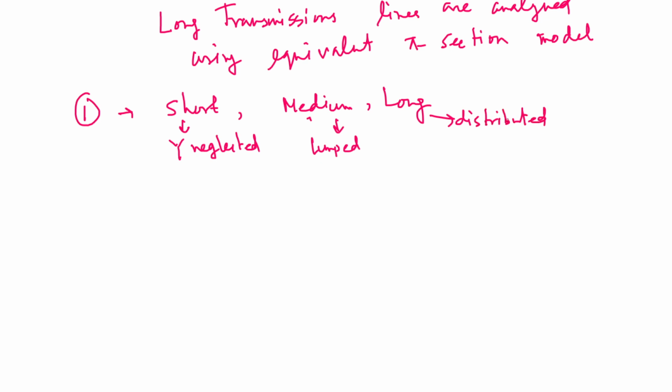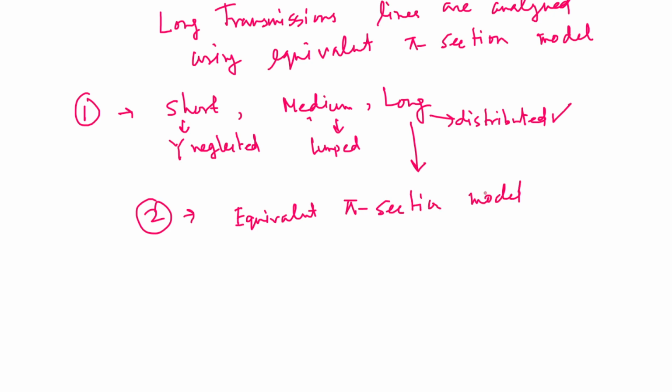As the lumped and distributed parameter models produce almost the same result, although the distributed parameter model is more accurate, a long transmission line can sometimes be analyzed using the equivalent pi section model.